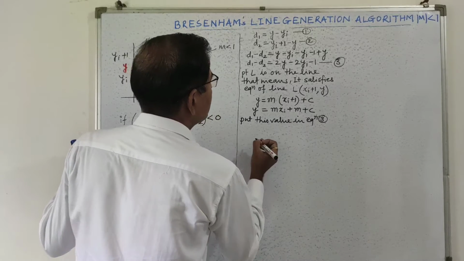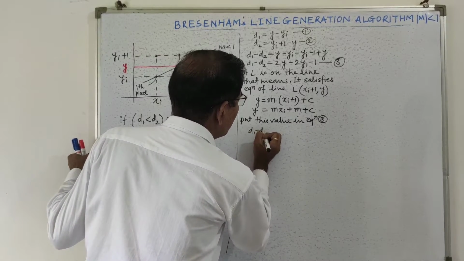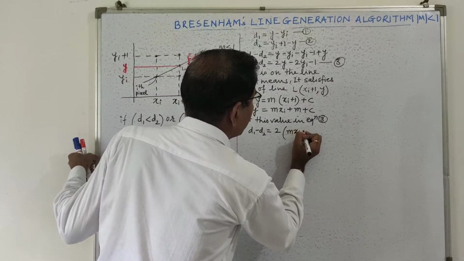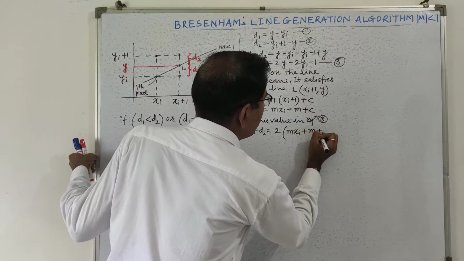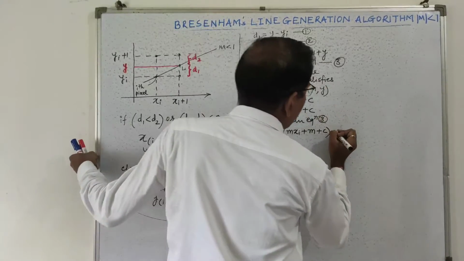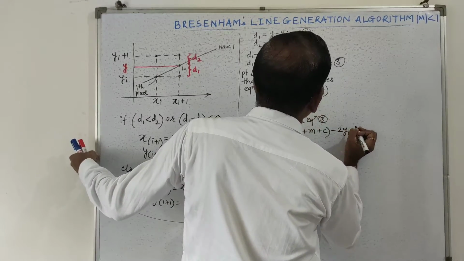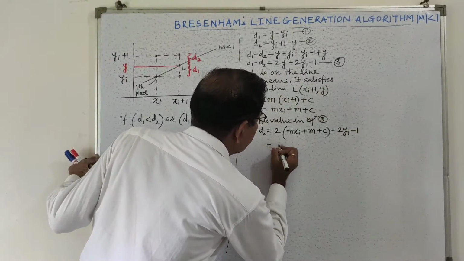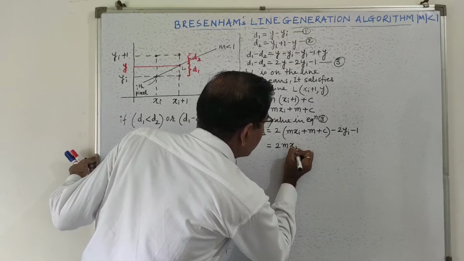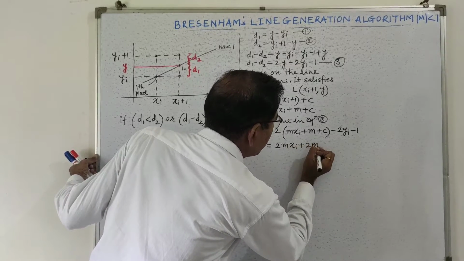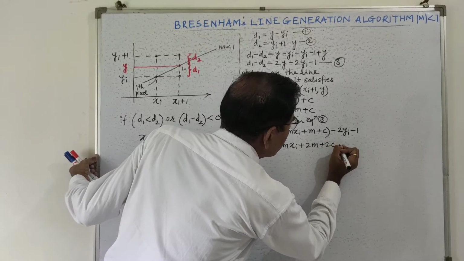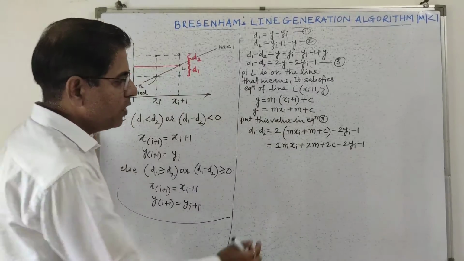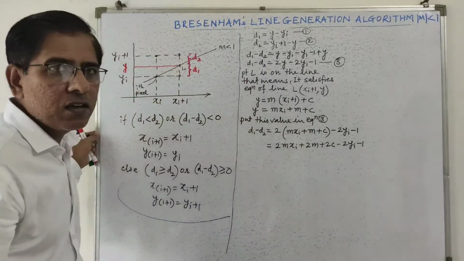So equation 3 becomes d1 minus d2 is equal to twice mxi plus m plus c, minus 2yi minus 1. Now open this bracket, so it becomes 2mxi plus 2m plus 2c minus 2yi minus 1. Now we'll bring the xi and yi terms together.